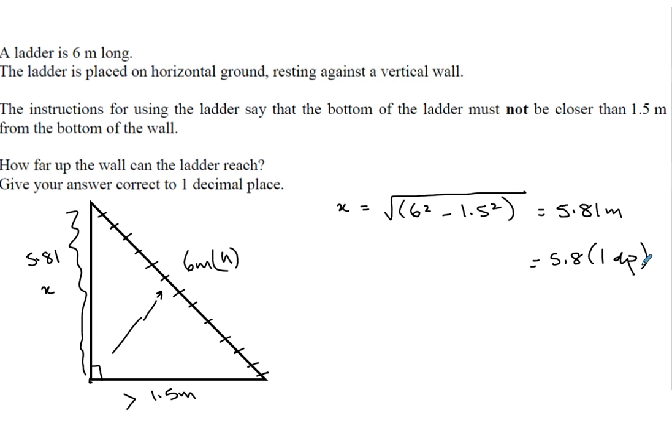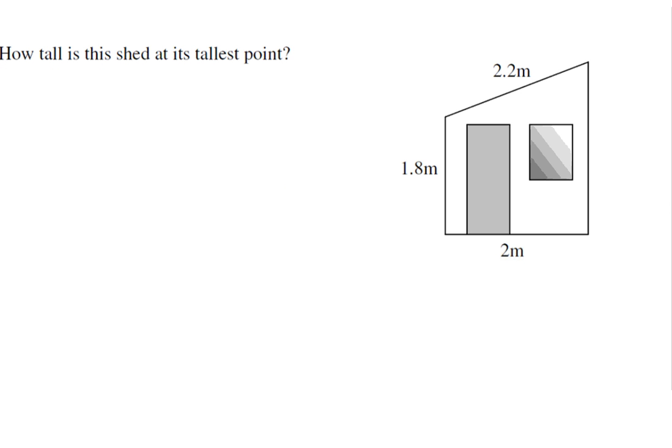Okay, good. Okay, next question. Here, how tall is this shed at its tallest point? Again, this is one of those questions where you think, what topic is this? So start writing something.